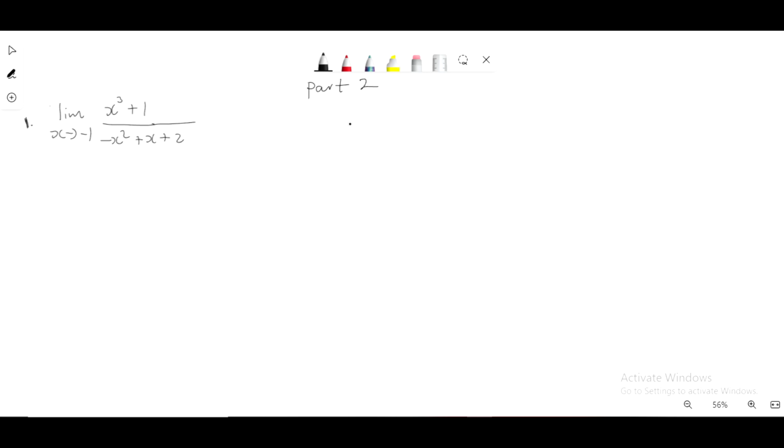I'm going to use a method whereby I'm going to find the factors of this x cubed plus 1 by inspection. So x cubed plus 1 is equivalent to what?